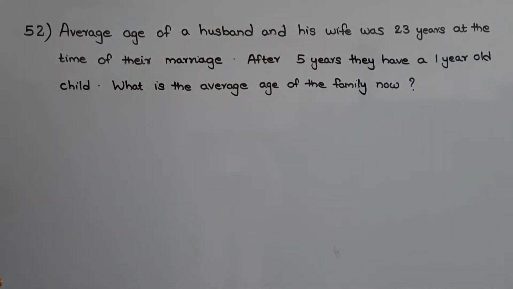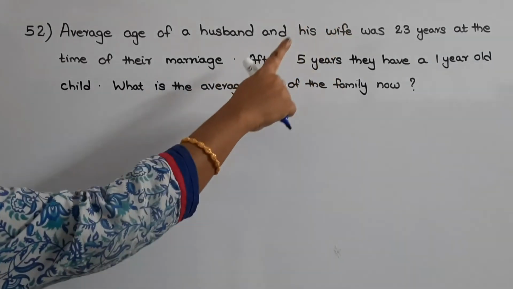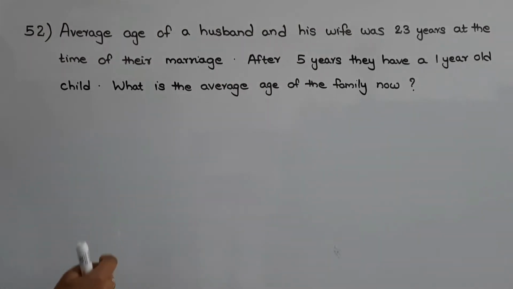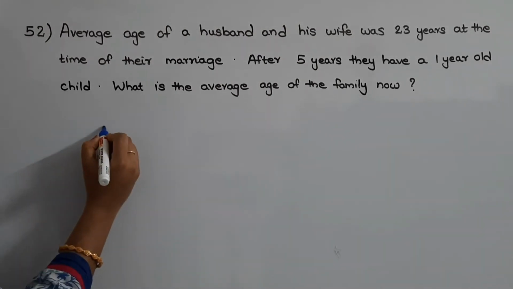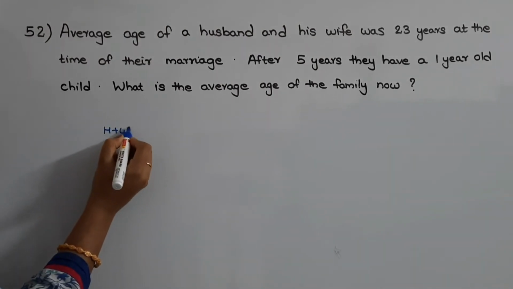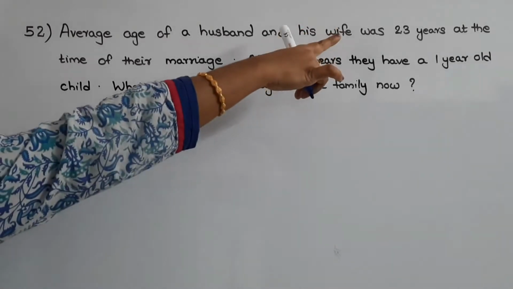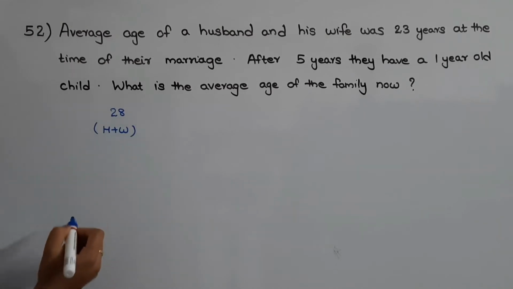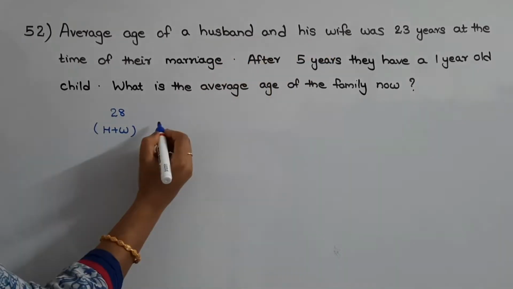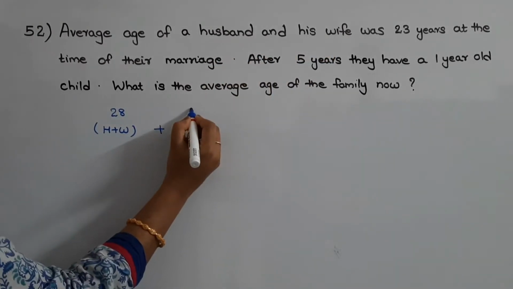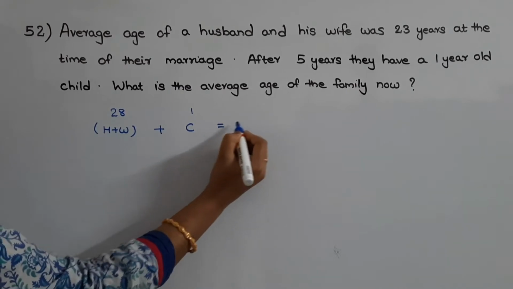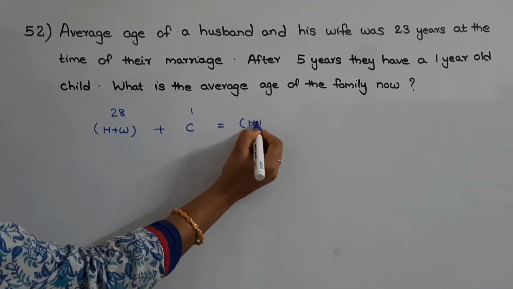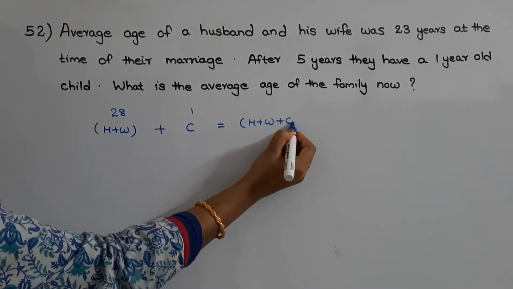So what will be the new average? New average will be equal to old average plus increase in the number of years. So the average age of husband and wife at present will be 23 plus 5, that is 28. So the age of child at present is 1 year. So we need to find out the average age of husband, wife and child at present.